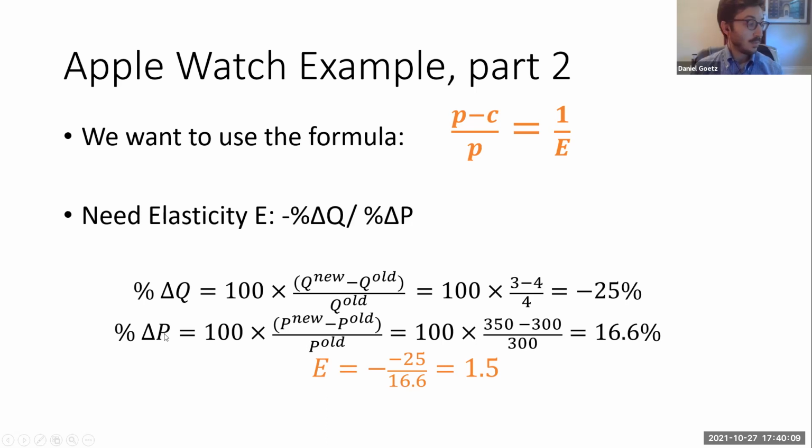And what is that price change in percentages? It's P new minus P old divided by P old. So 350, our new considered price, minus 300, the price we're starting at, divided by 300. That's 100 times 1 over 6, which is 16.6%.